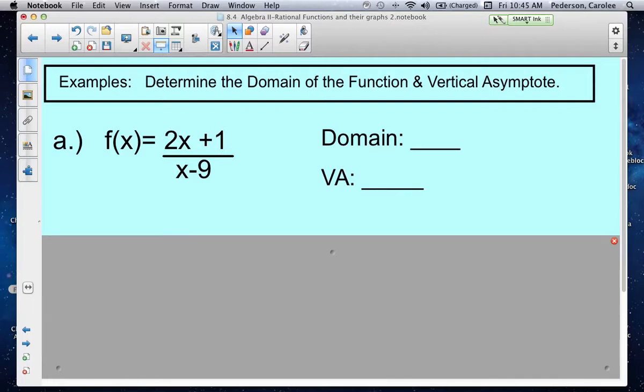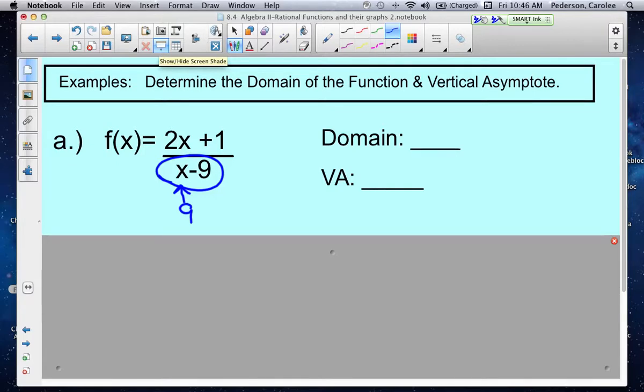We look at the domain and the vertical asymptote together, and we only need to focus on the denominator. Remember when we were in section 8.2 and after you factored it, we looked at that denominator and said what would make that undefined, what is the domain restriction? In this function, if I substitute a 9, that denominator is 0, which makes it undefined.